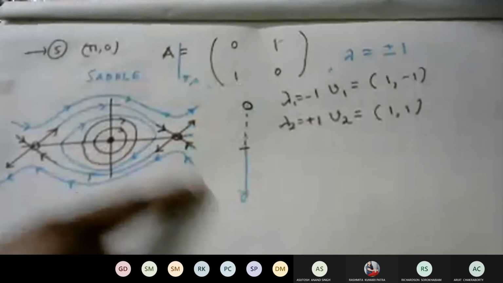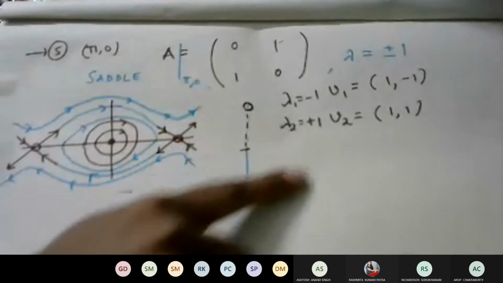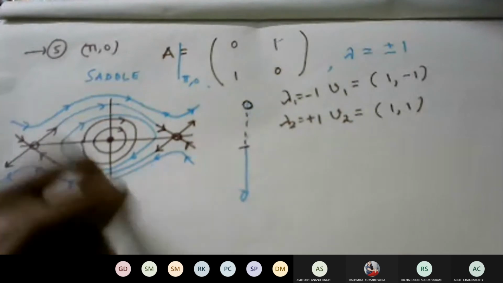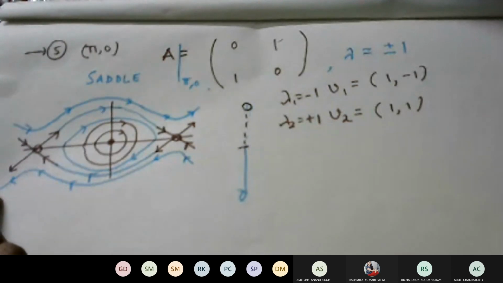It will go on like this, right? It will go on like this. It will be covering the entire over-the-top rotations, and these lines signify that.